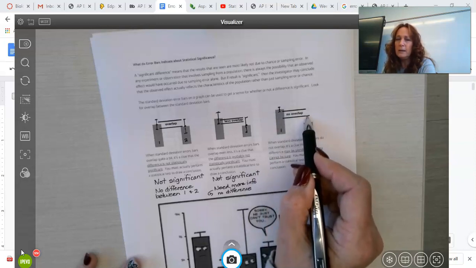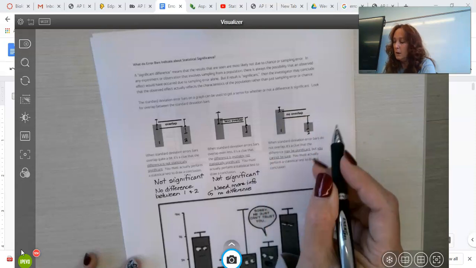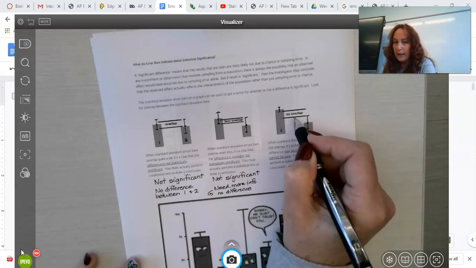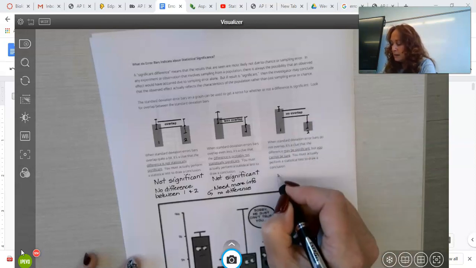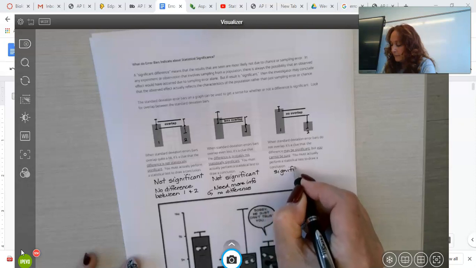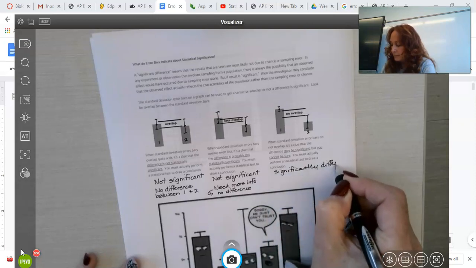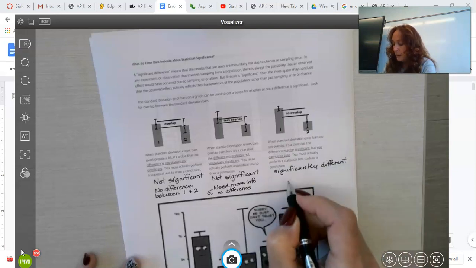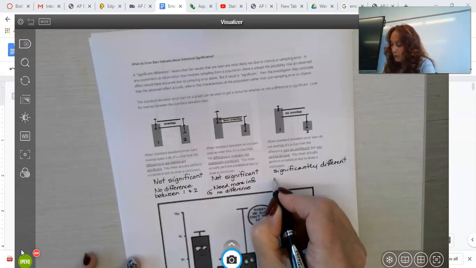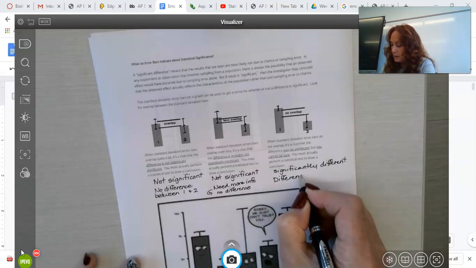No, mine stop here. Mine don't start till here. So if there's no overlap, then there is a significant difference. And you could say, yeah, there's a difference.